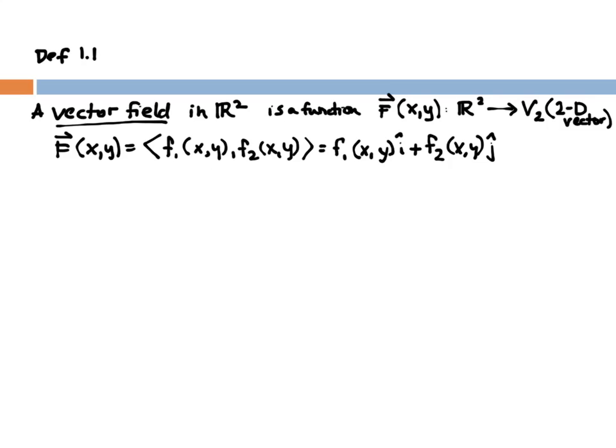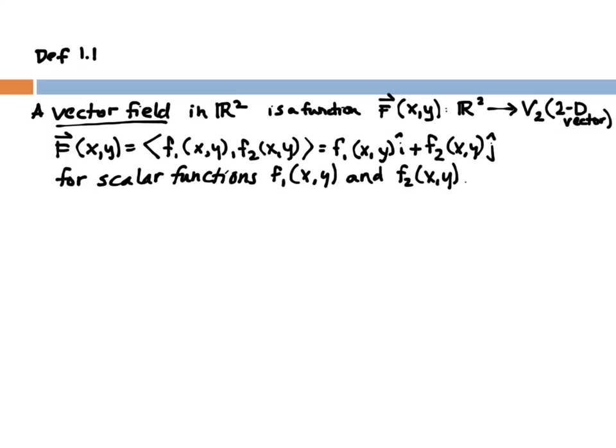We've got a vector coming out of one point with two components to it, the x direction and the y direction. And this is for scalar functions f sub 1 of (x, y) and f sub 2 of (x, y). This is in two-dimensional space.